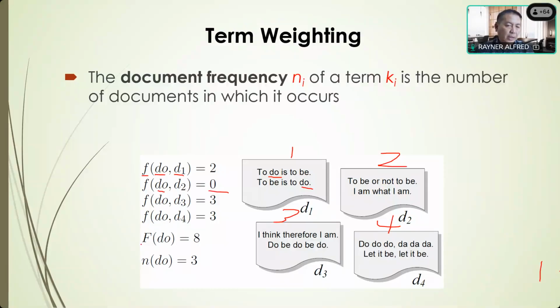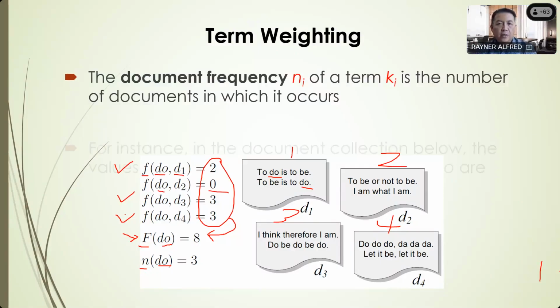But if we do the total frequency of "do" for all the documents, we add these up to become 8. So this is the total number of occurrences for keyword "do" in all of the documents. And the small letter here refers to the number of documents containing the keyword "do", which is 3: 1, 2, and 3.